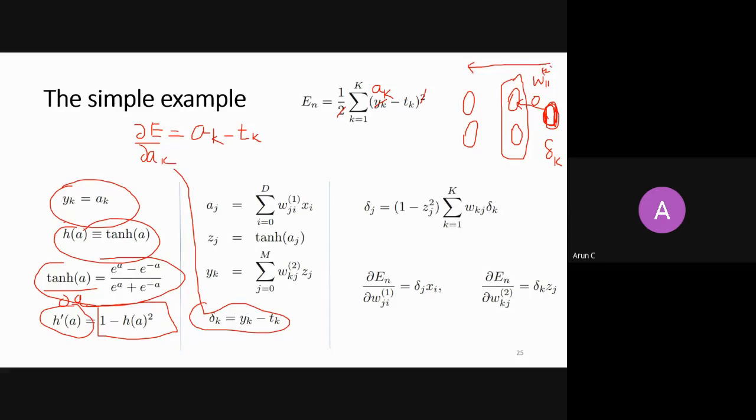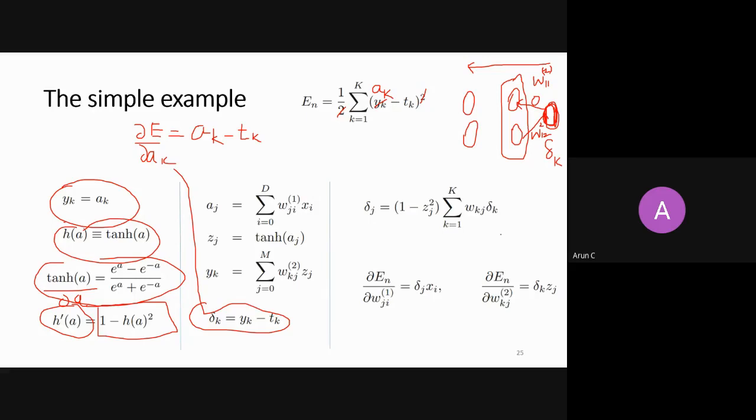You multiply delta k, and what is this weight? It is W21, sorry, W12, and the superscript is 2 itself.